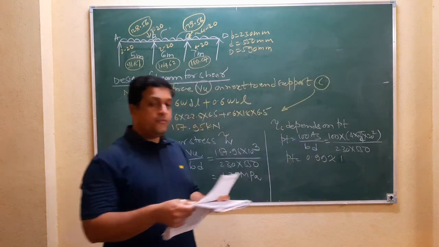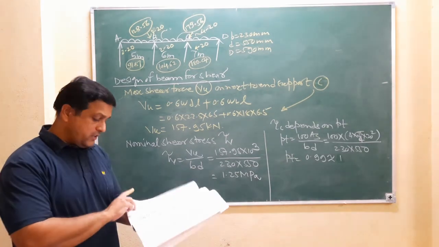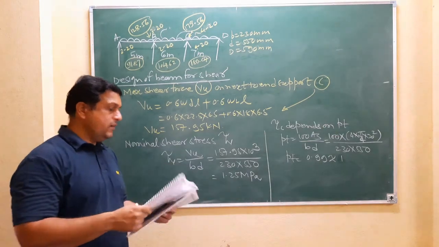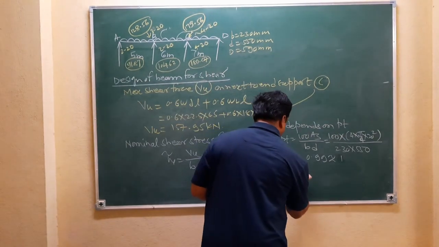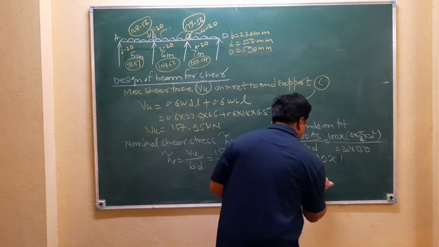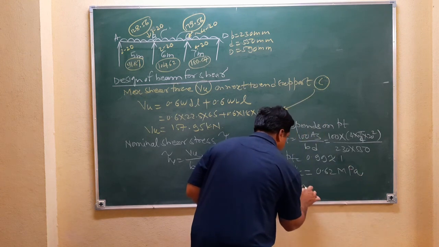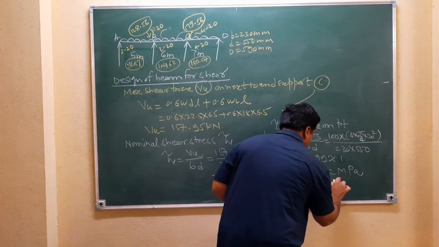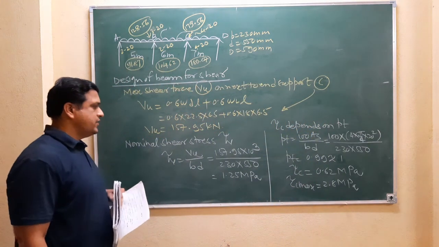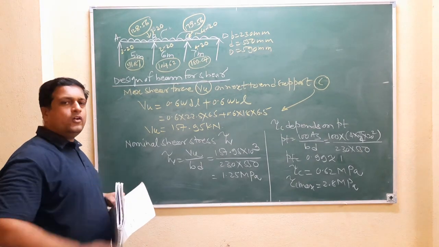It is 0.99, which means about 1%. For 1%, if you refer to page number 73, the value of tau c for M20 grade concrete is 0.62 megapascal, and we have the value of tau c max from table 20, it is 2.8 megapascal. Now you compare all these values.